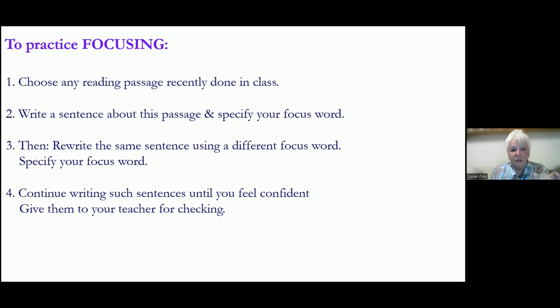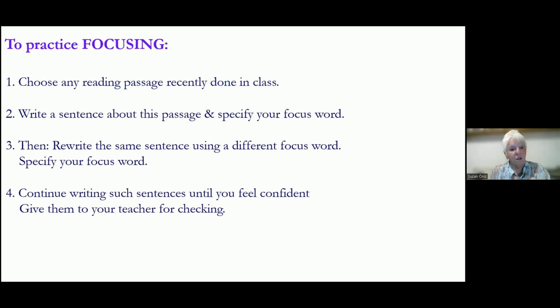So they look at the reading passage. Either everybody looks at the same passage, or students just do whatever they like and look at different passages. It's up to you. Write a sentence about the passage and specify your focus word.